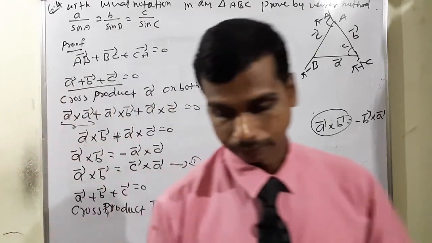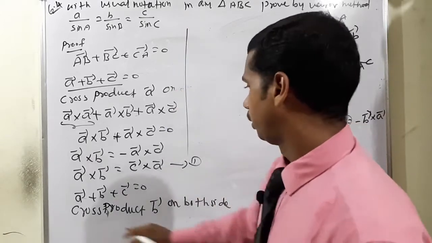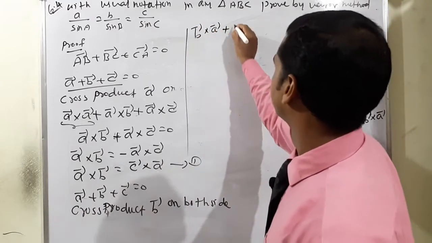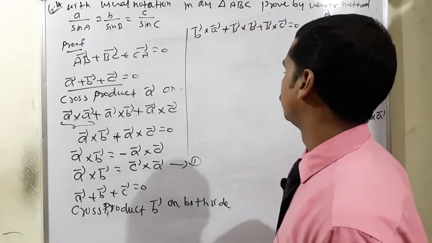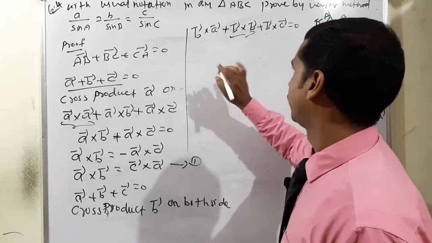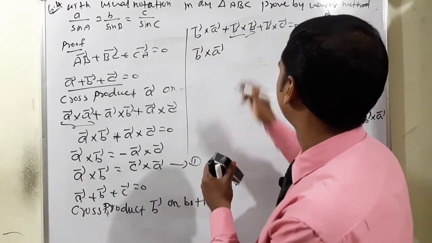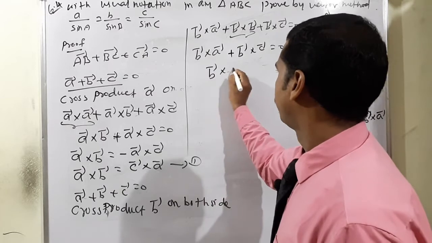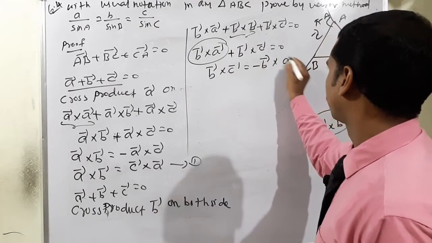What will happen? b vector cross a vector plus b vector cross b vector plus b vector cross c vector is equal to 0. Already we know the cross product of like vectors is 0, so we neglect the second term. Again b vector cross a vector plus b vector cross c vector is equal to 0, which means b vector cross c vector is equal to minus b vector cross a vector.